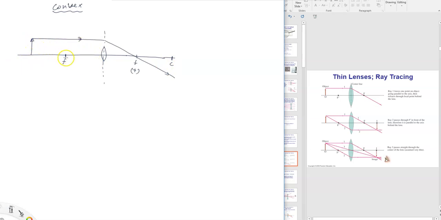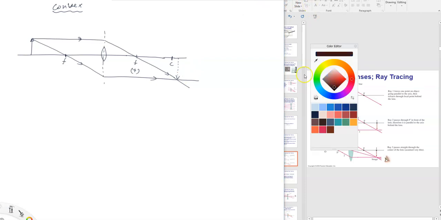So the light that goes through F on this side bends and comes out parallel. Where they meet, here we have the image, upside down. We can get a third line.